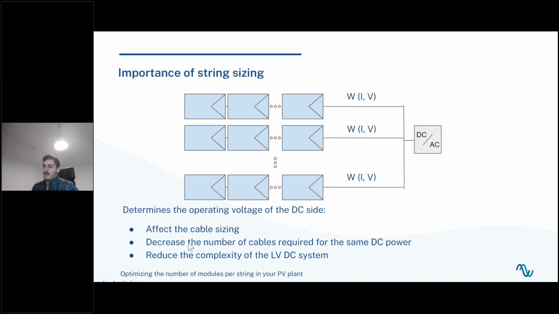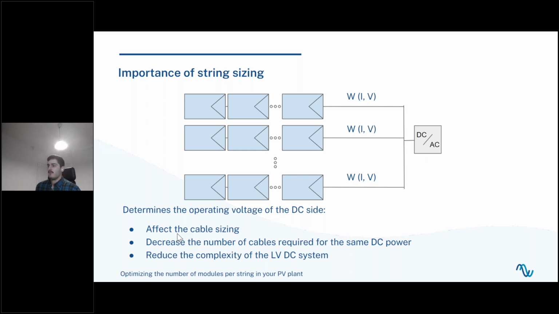In terms of cable sizing, the voltage that the string has will be affected by this, and also the current that will be flowing through this string cable. So we can say that depending on the number of modules connected in series, the cable sizing will be directly affected, and increasing the number of modules per string will normally simplify the size of the cables that are going to be defined.